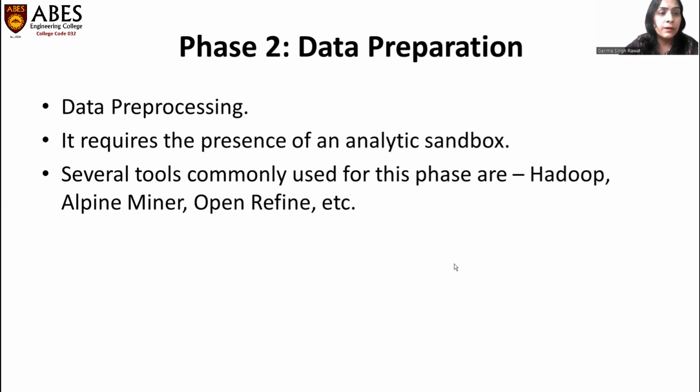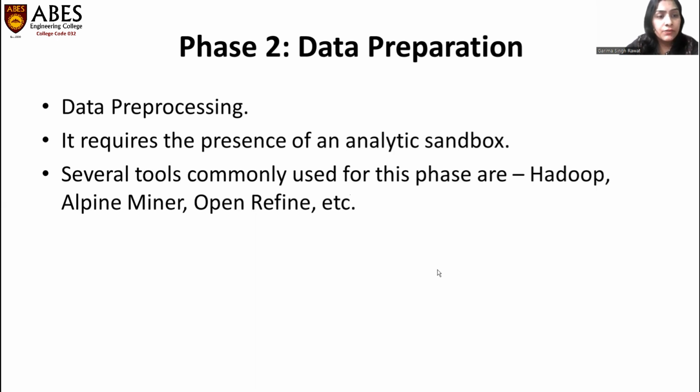Then the next process is the ELT process. It stands for extract, load, and transform. In this process, the data is loaded into the sandbox and then transformed according to a set of business rules. And the last process is the ETLT process. It stands for extract, transform, load, transform.